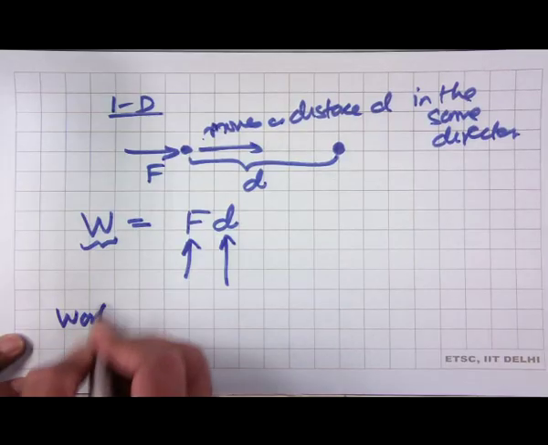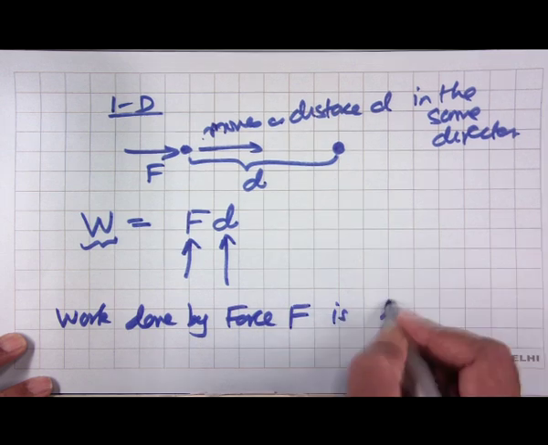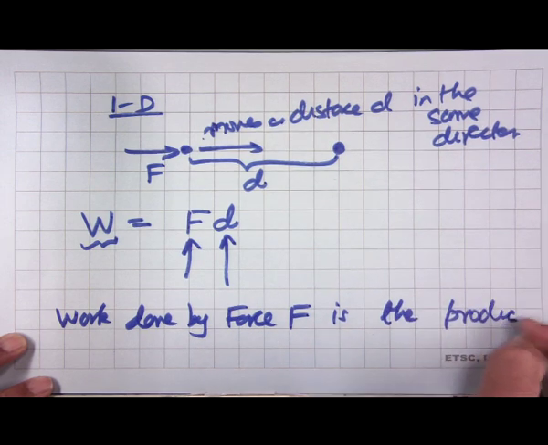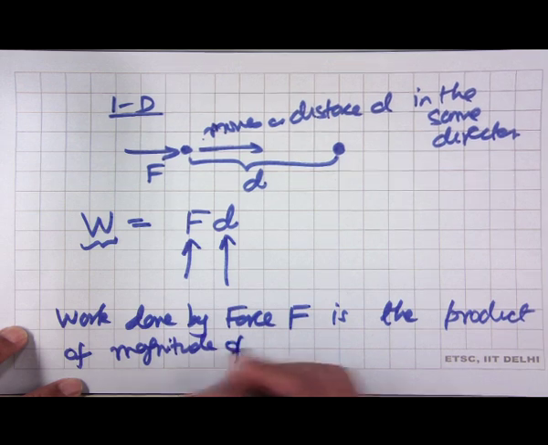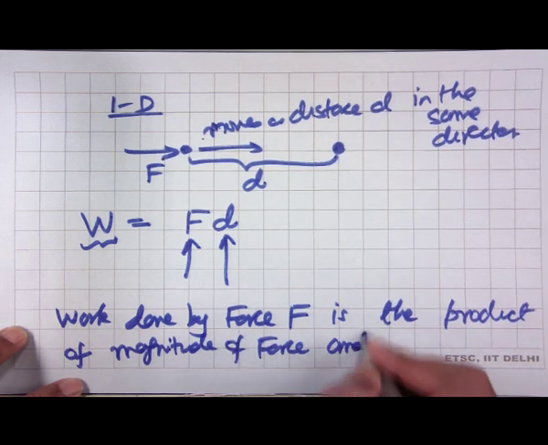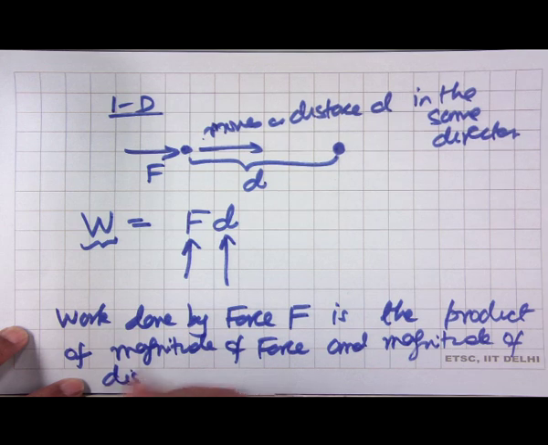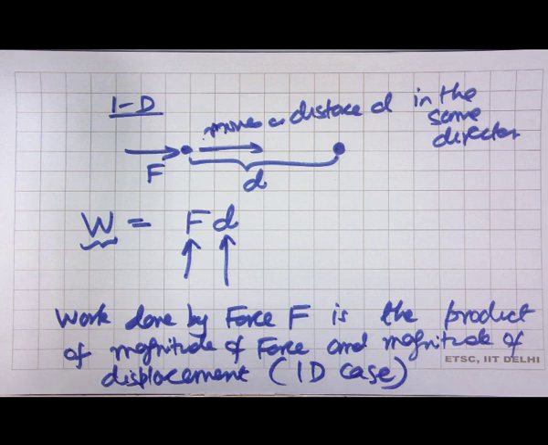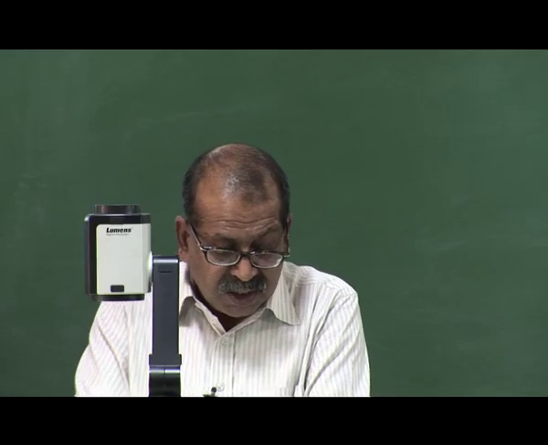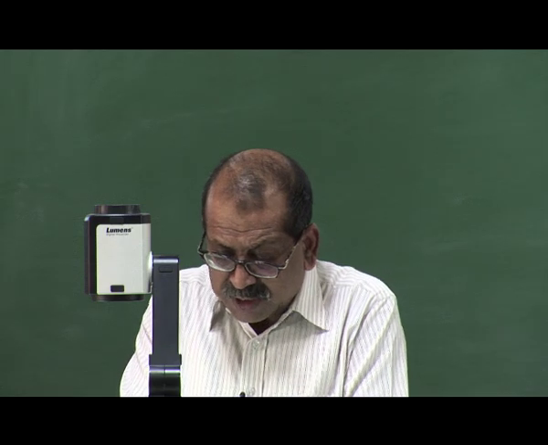So, work done by force F is the product of the magnitude of force and the magnitude of displacement, and we should say this is for a one dimensional case. We will generalize this to a two dimensional case slightly later. Now, let us talk in terms of vectors.